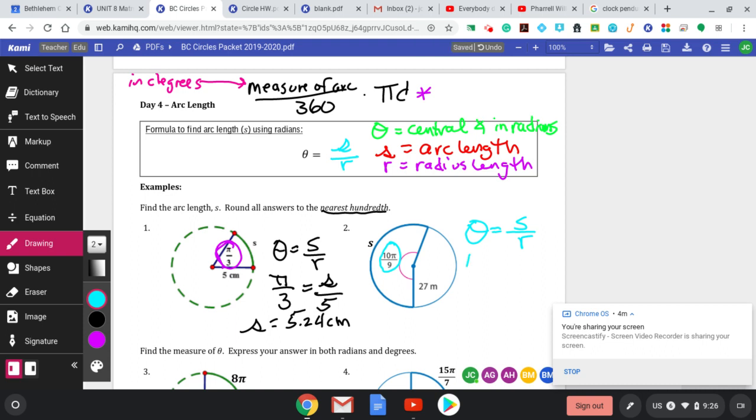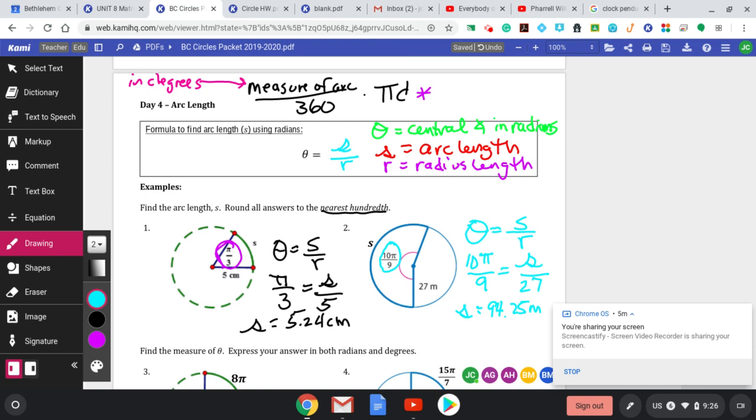That's 10 pi over 9 equal to S, the arc I'm trying to find, over R, which looks like to be 27, the radius length. Same thing, cross multiply or multiply both sides by 27, and round to the nearest hundredth. So S equals, I'm getting 94.25 meters. Make sure we label our units if I'm given units.